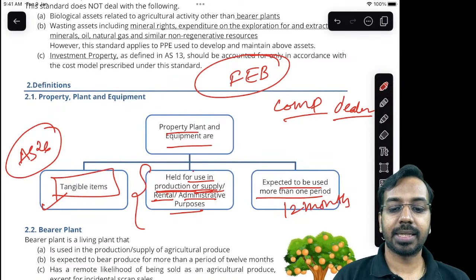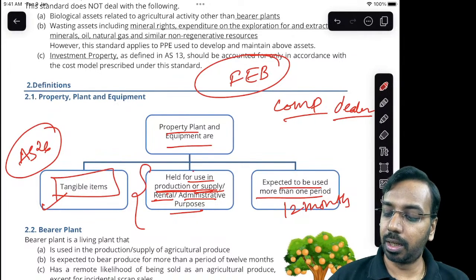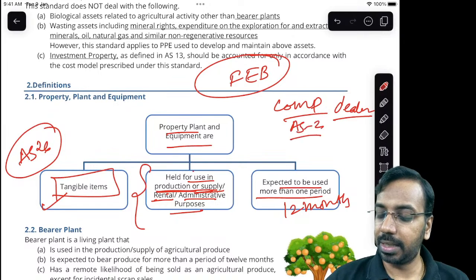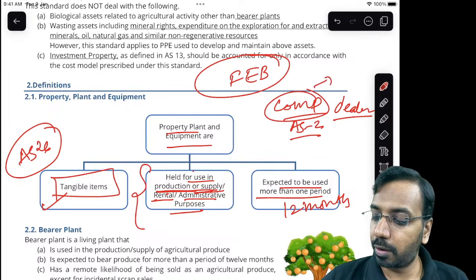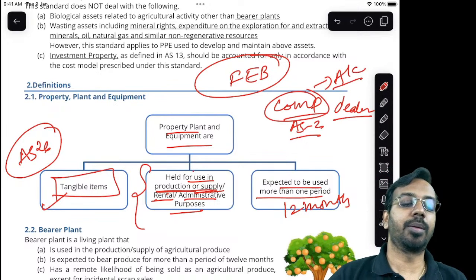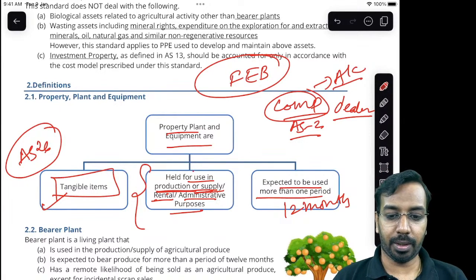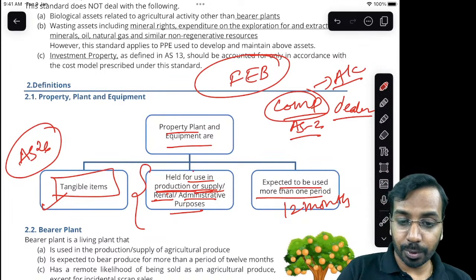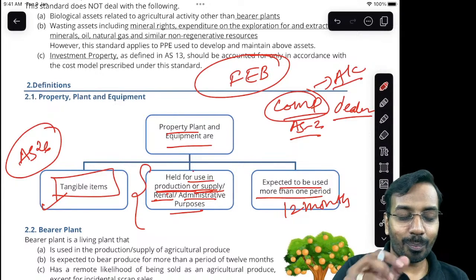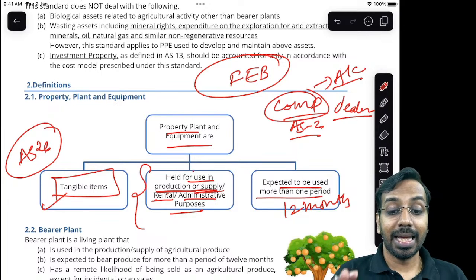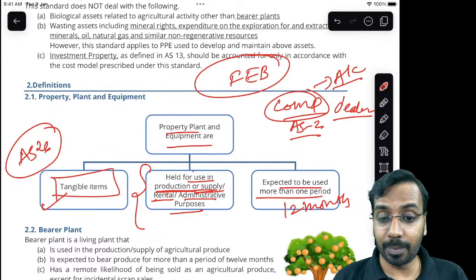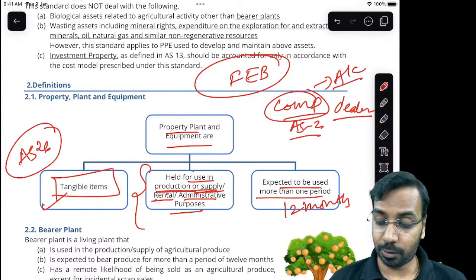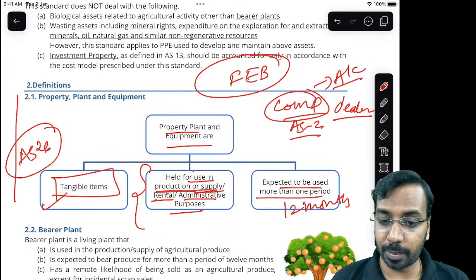I will categorize it under AS2, that is inventory. But if the same computer dealer is using this computer for accounting purpose, then it becomes property, plant and equipment. So for a computer dealer, purchase and sale of computers will be inventory. For billing purpose, if I am using the computer for billing, then it will be property, plant and equipment. Right. So this is the definition of property, plant and equipment.